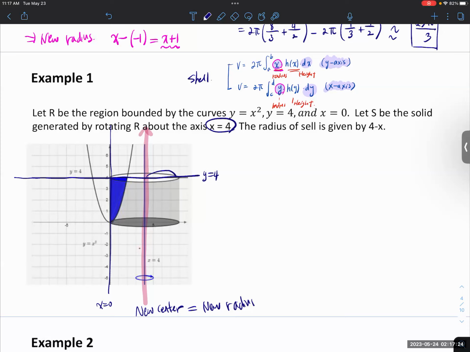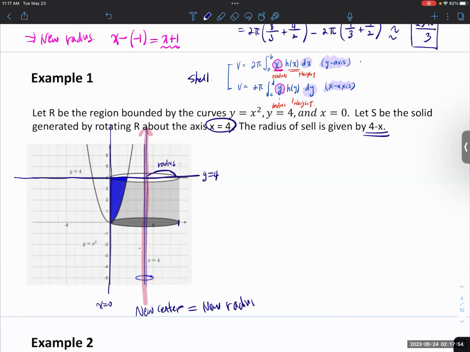So what is the radius of the circle? Actually, they stop at x equal to 4 and y equal to 4. So that is going to be your new radius. The new radius is 4 minus x. Watch me, this is actually similar to the situation where you are rotating the function at the y-axis.